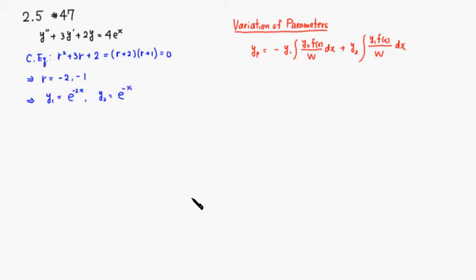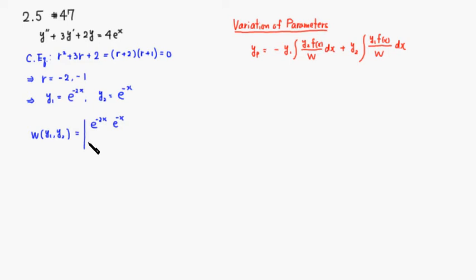Let's find the Wronskian, since we need Wronskians here. The Wronskian of y1 and y2: y1 is e to the -2x and y2 is e to the -x.